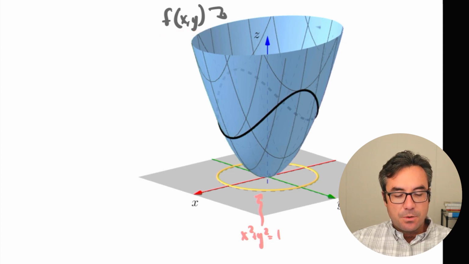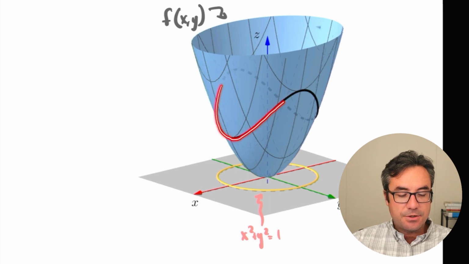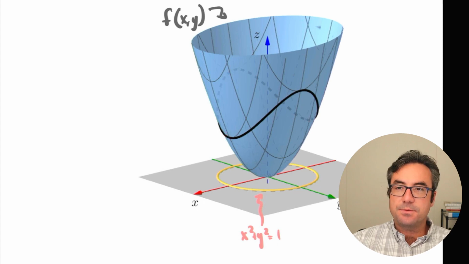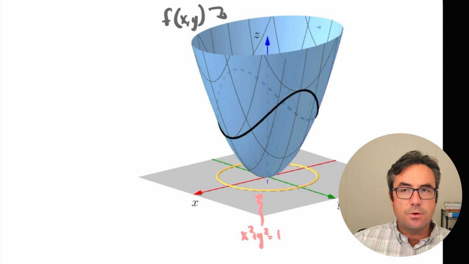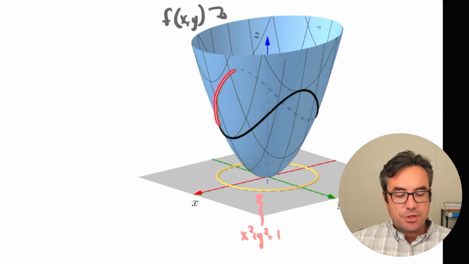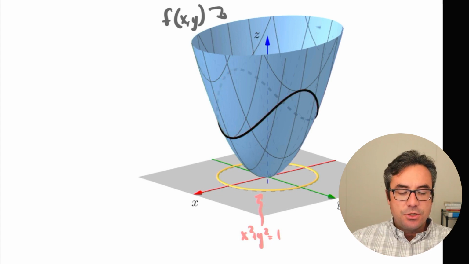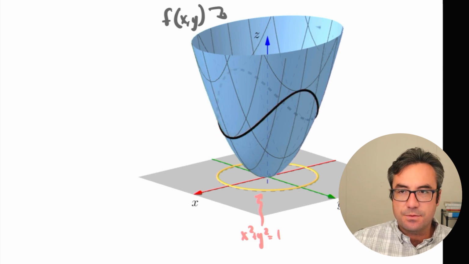Essentially, we're looking at all these points on our surface that sit above this circle. And what we want to find is where on that circle is the high point, or maybe back here, and where on that circle are the low points. So that's what we're trying to locate: just on this curve, where are the high points and the low points, not on the entire surface, but constrained to this curve.